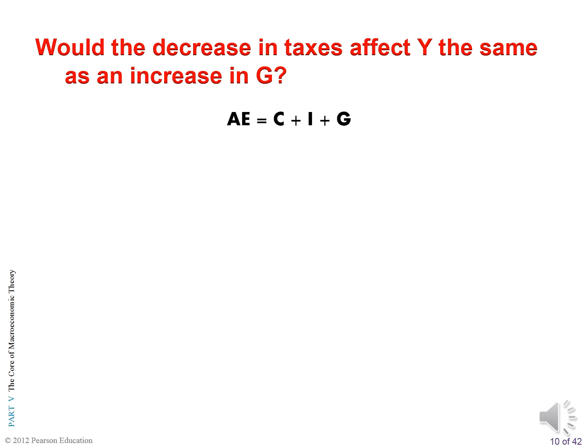ليه؟ Look at this equation: aggregate expenditure equals C plus I plus G. G, the same as investment or I, has a direct effect on aggregate expenditure. يعني ايه؟ يعني an increase by $1 in G will increase aggregate expenditure by $1.